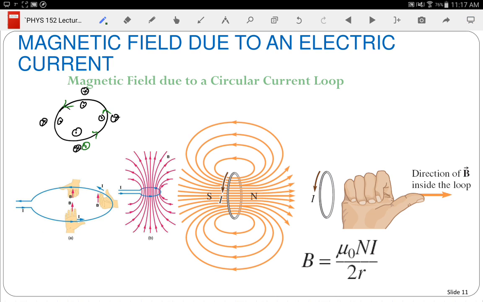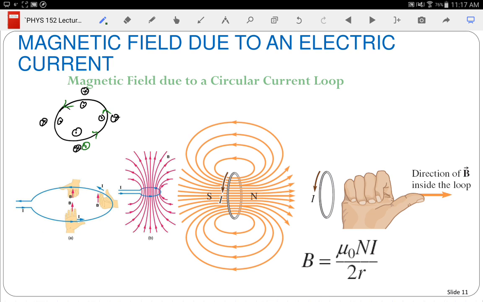And so the magnetic field from the nearer part and from the farther part are in opposite directions, which is going to make a weaker magnetic field. So the magnetic field outside of a loop is smaller, but the magnetic field inside always is bigger.